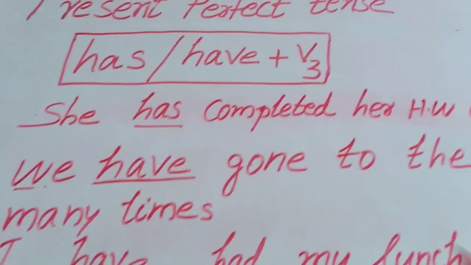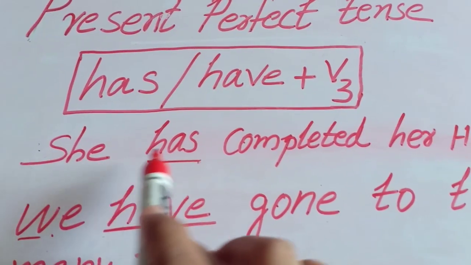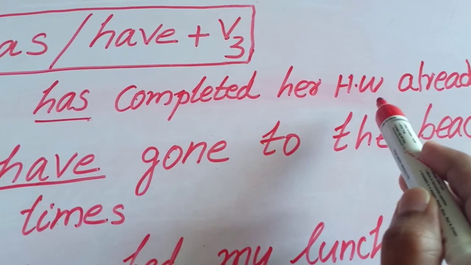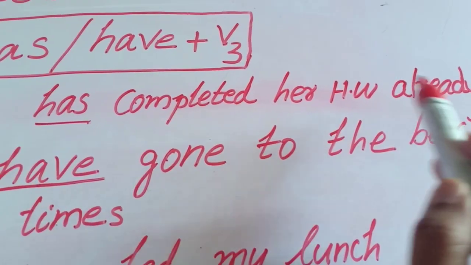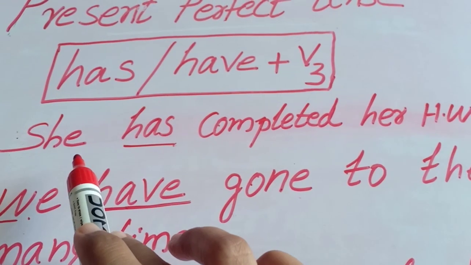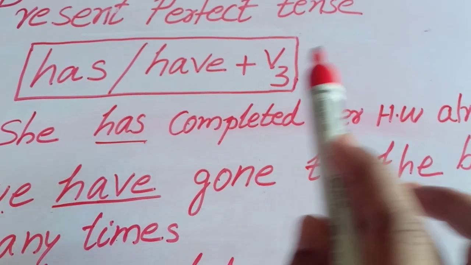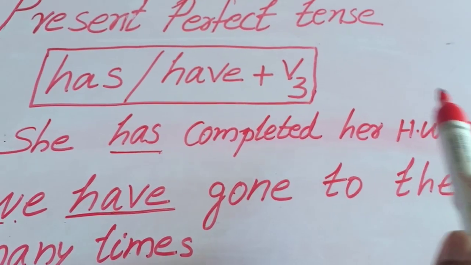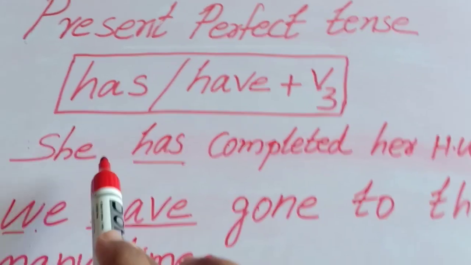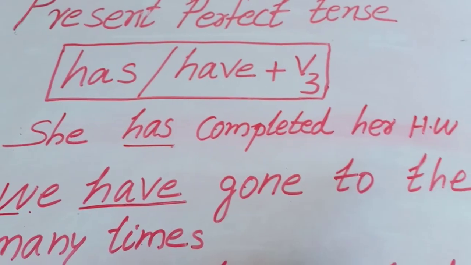Okay, let us go to the meanings. She has completed her homework already. What do you mean by that? That means she has just completed her homework. It means in the immediate past, she has completed her homework. She is free now.